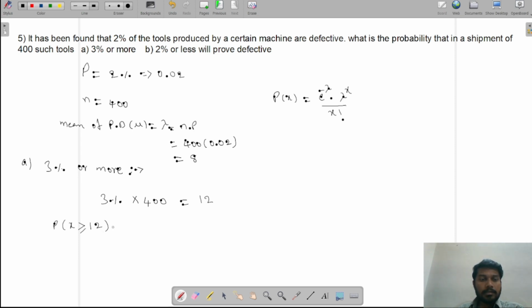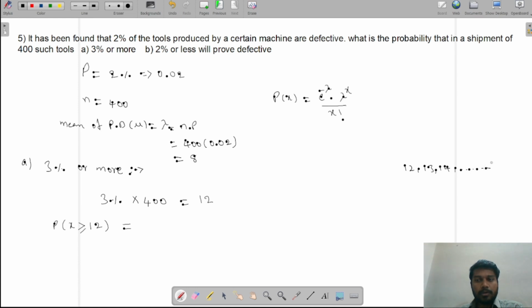See, at these values of x, we have to find a probability. So x greater than or equal to 12 means, may I know what are the values of x here? 12, 13, 14 and so on up to 400, right?